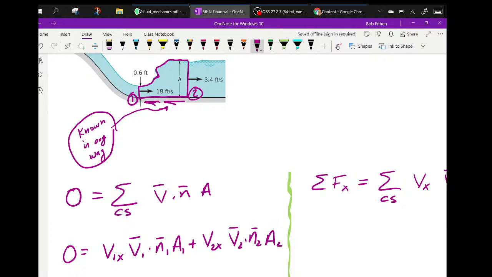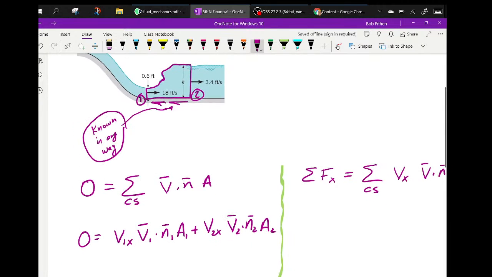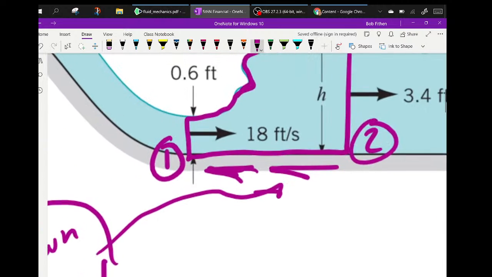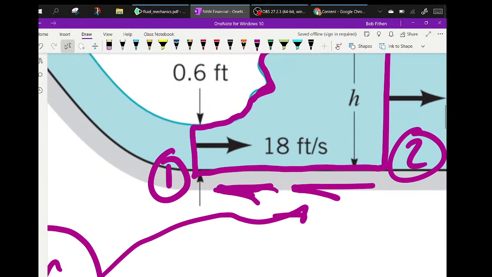Now, assuming that they're constant on the back, as far as the depth into the page, I would have 0 is equal to V1x. It's completely in the x direction, so that's just going to be a plus 18. V1 dotted N1, okay? If you go up here, there's your velocity. But here's your N.